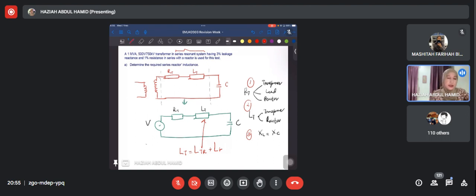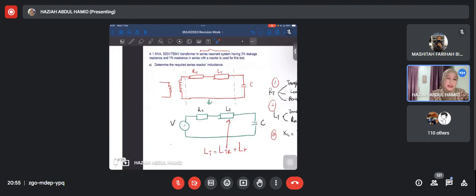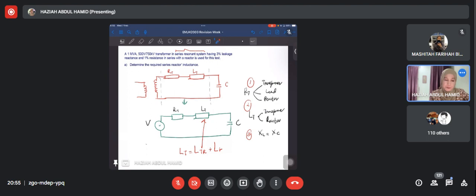So our mission here is to find LR. LTR is already given here, 3%. LR is not given, so we have to find LR. LT, what is LT?